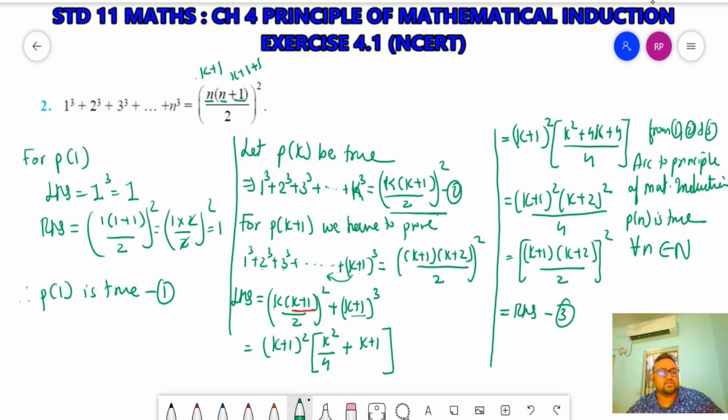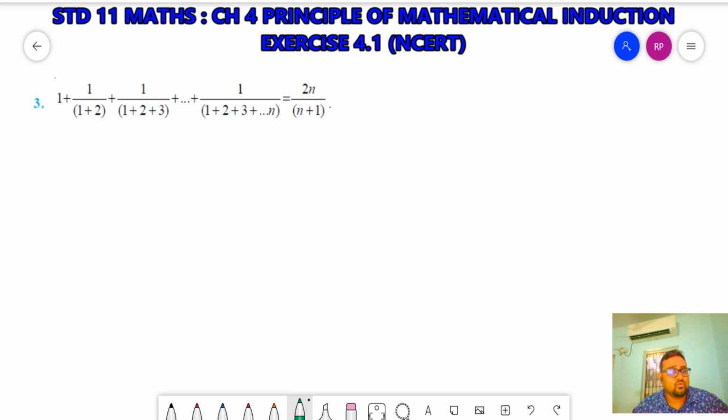Now let's go to the next, that is question number 3. 1 plus 1 upon 1 plus 2 plus 1 upon 1 plus 2 plus 3 up to 1 upon 1 plus 2 plus 3 plus up to n equal to 2n upon n plus 1. Okay, so now let's start for P of 1. n equal to 1.